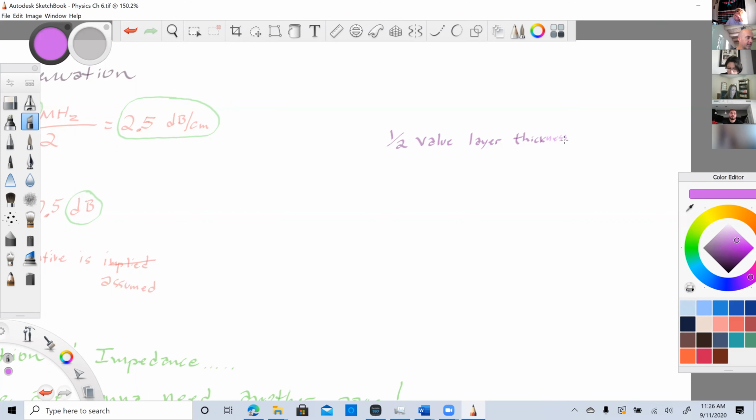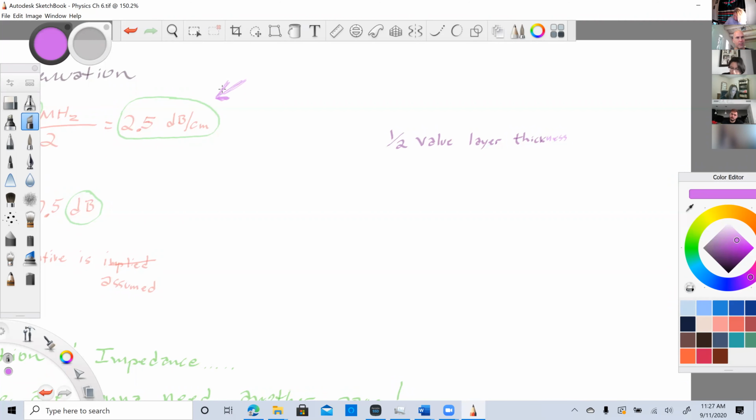Half value layer thickness is how much tissue you need to go through before you lose half of the value. Well, I don't understand that. We kind of figured that out over here, didn't we?